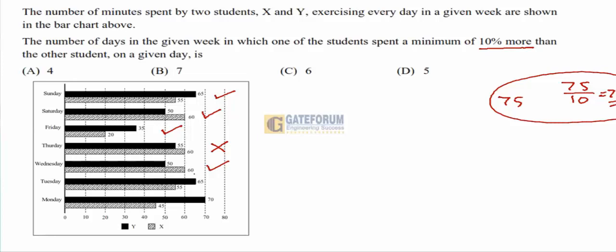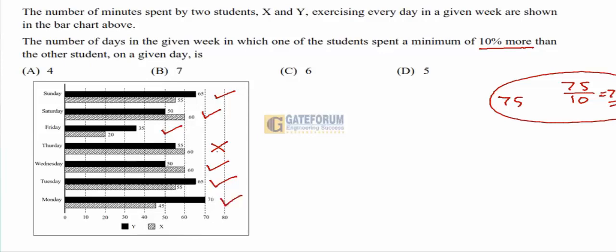The larger one is 65. So the gap is 10, which is more than 5.5. So obviously this is also there. And this one, 45 is the smaller, 10% is an increase of 4.5. But here the increase is absolutely vast. It is 25. So obviously this is also there.